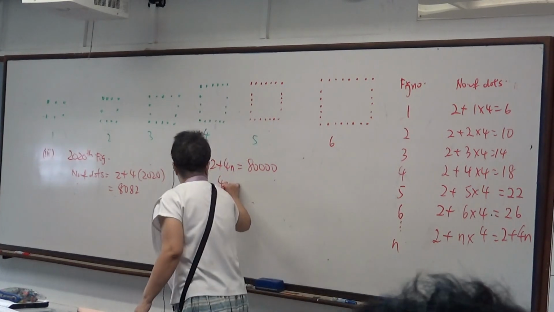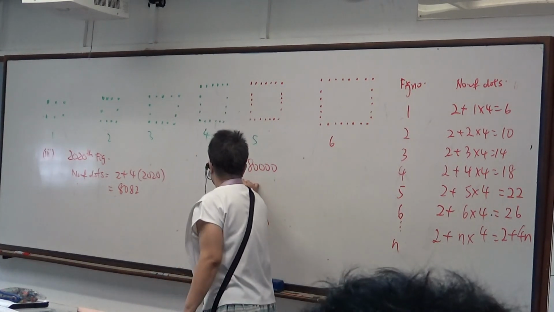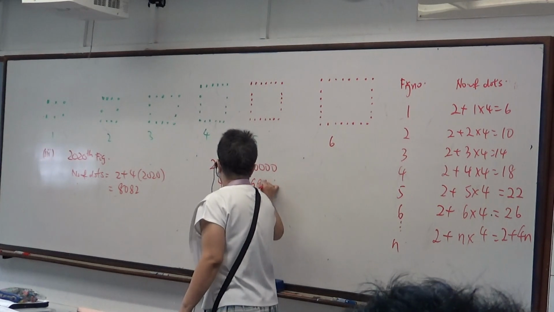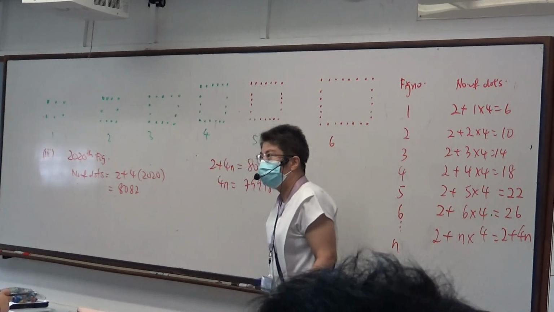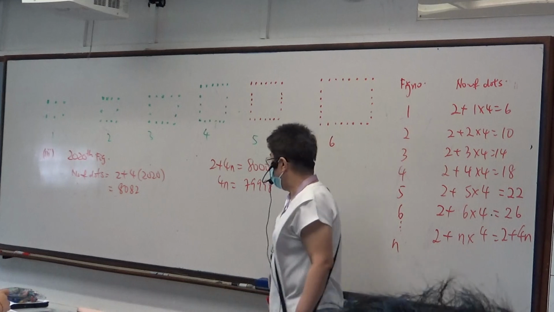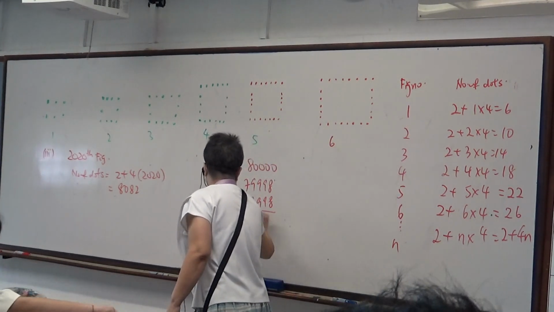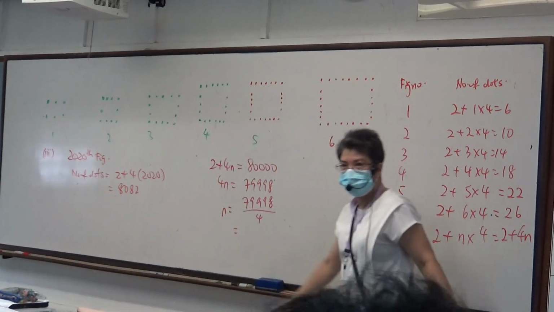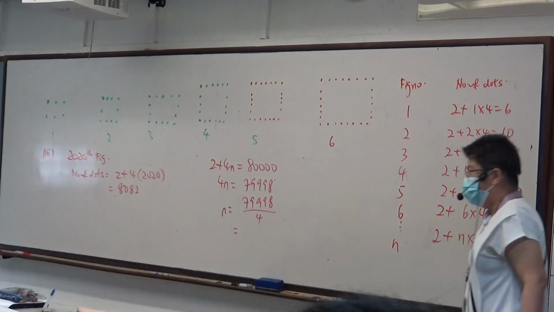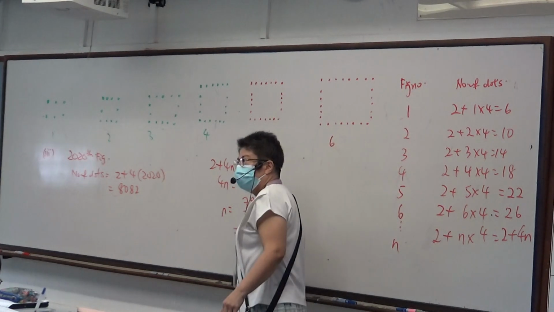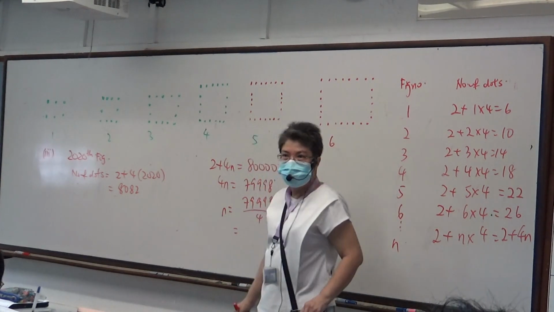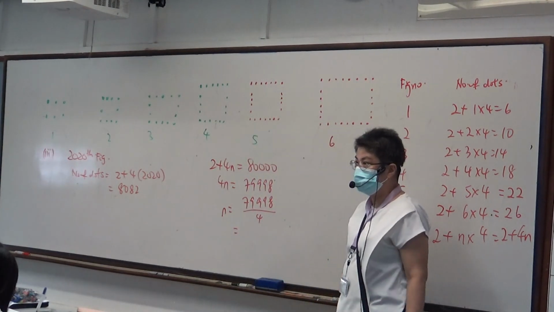So, I will have 4n equals to what? 79998, right? Because I minus 2. Agree? So n will be 79998 divided by 4. Use your calculator. Don't forget.